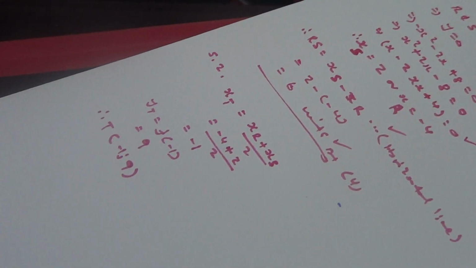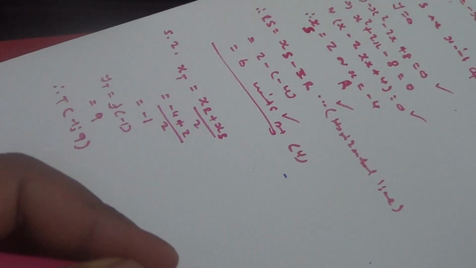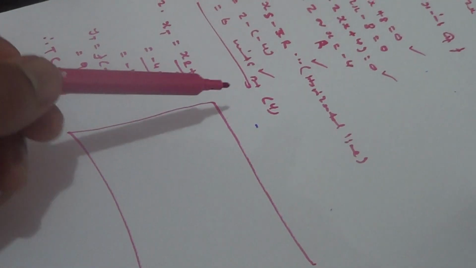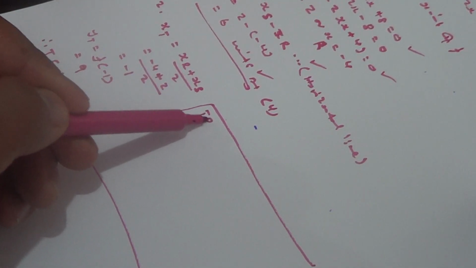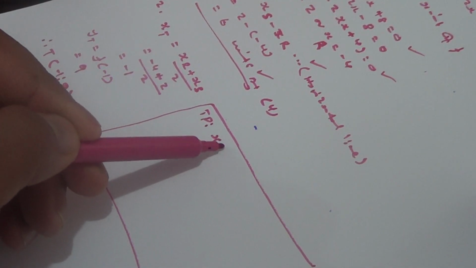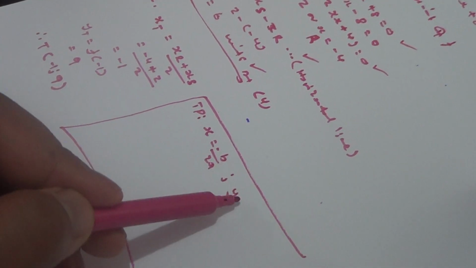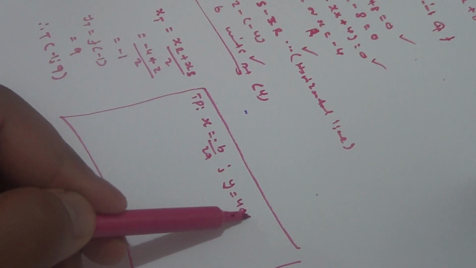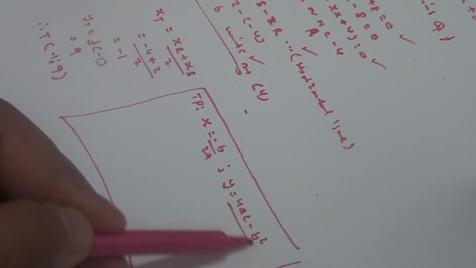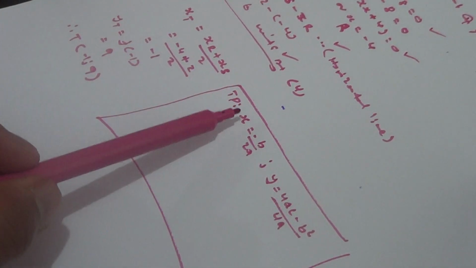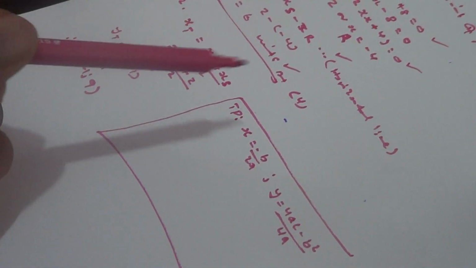So I'm just using the graph here. I don't want to stress, but you have options here that you can employ. For the turning point, you know that x equals minus b over 2a, and then y equals 4ac minus b squared, all of it over 4a. You have those formulae. You can use that. It will give you the same answer.